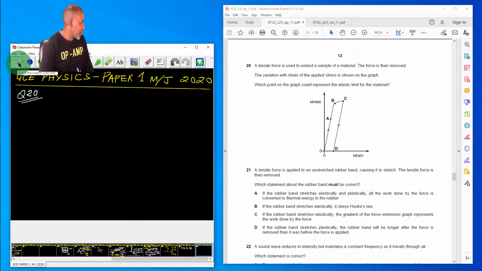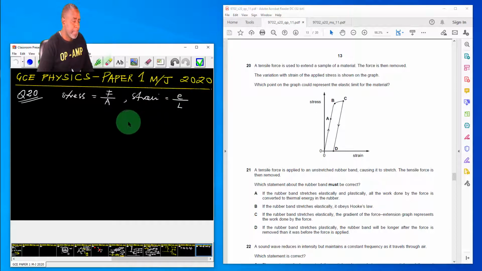Let me review those two, because we know that stress is force over area, while strain is extension over the original length.